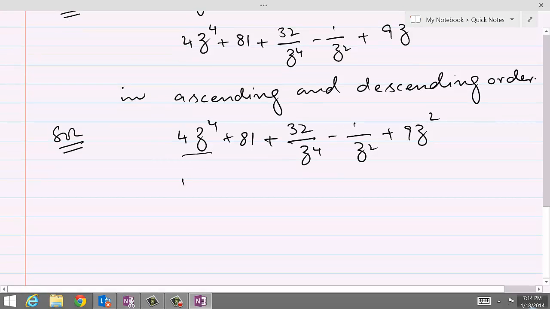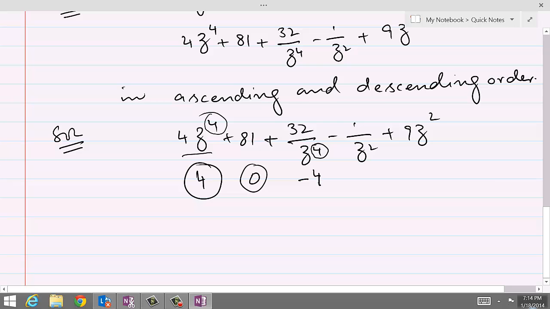The degree is equal to 4 here, because 4 is the exponent. And like already has been told, the constant term which does not have any variable, its degree is always equal to 0. So this has 0 degree. And if the variable is in the denominator, with exponent 4, then its degree would be equal to minus 4.